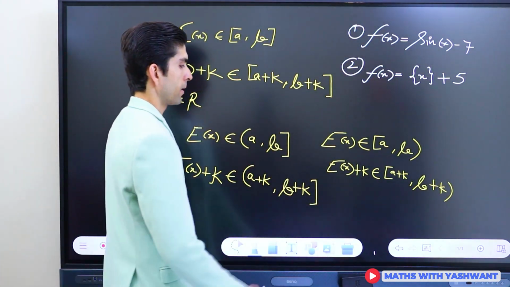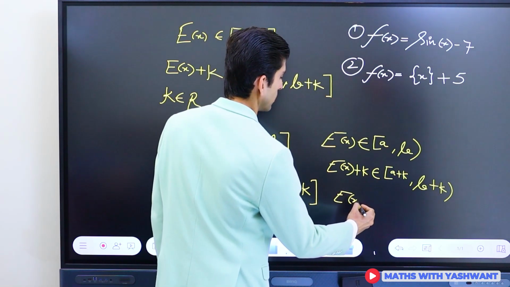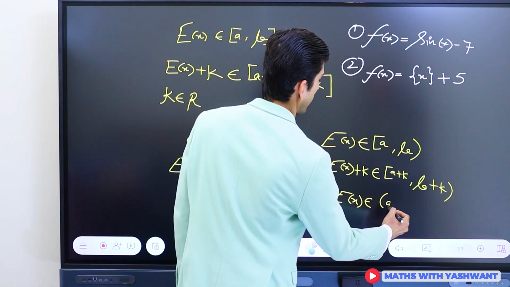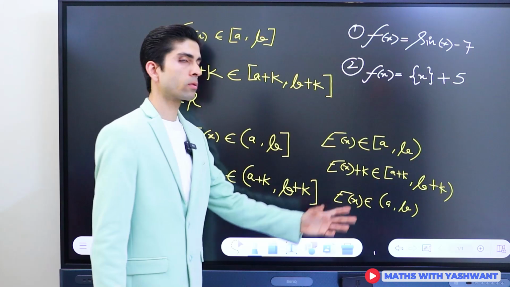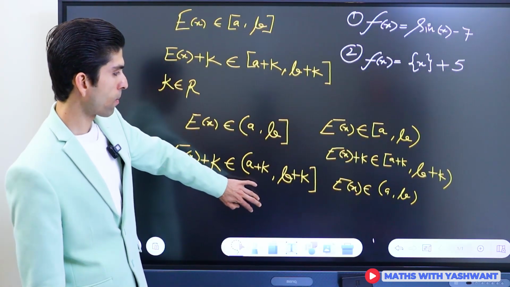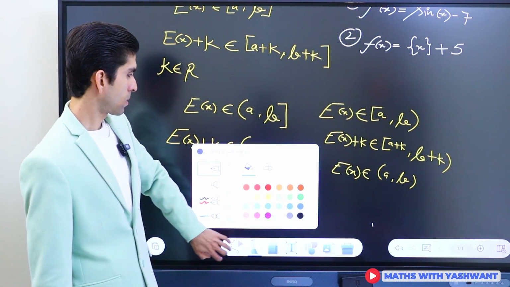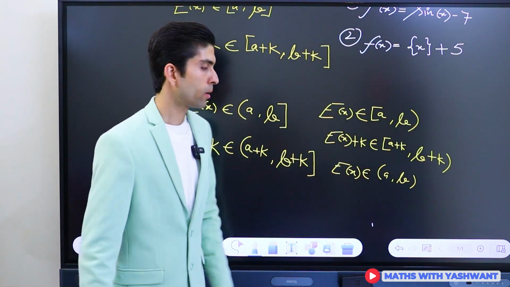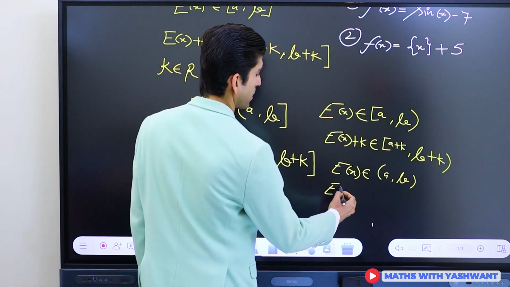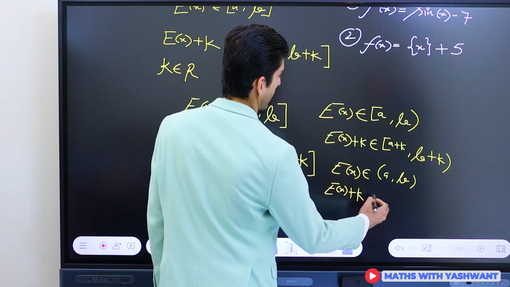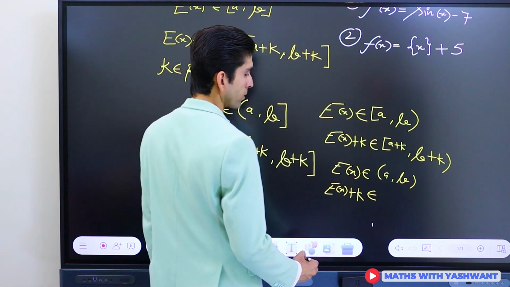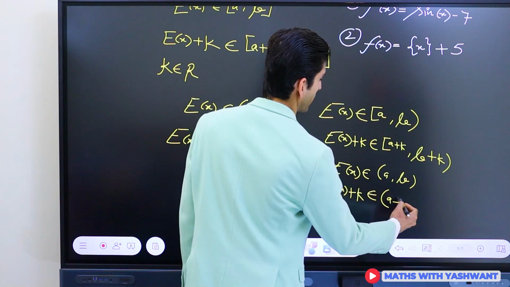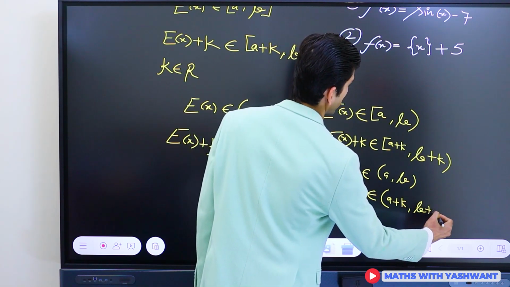And if e of x is given as open A to open B, it is open from both sides, and open from both sides means both the boundary points, the left as well as the right, they both are excluded from the range. So to get the range of e of x plus k, where k is a positive or negative real constant other than 0, we simply add the constant to the left hand and the right hand boundary point.